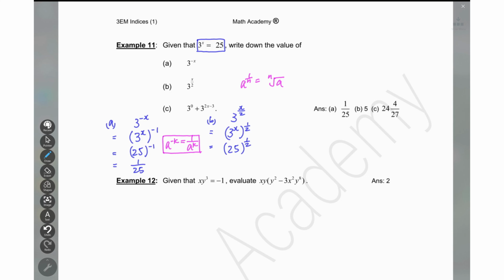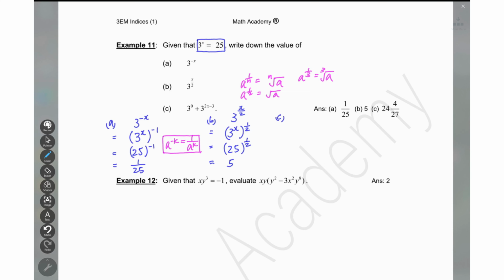For example, a to the power half means square root of a. Similarly, a to the power 1/3 is the cube root of a. So in this case, coming back to part B, 25 to the power half means I'm going to take the square root of 25, which is 5.